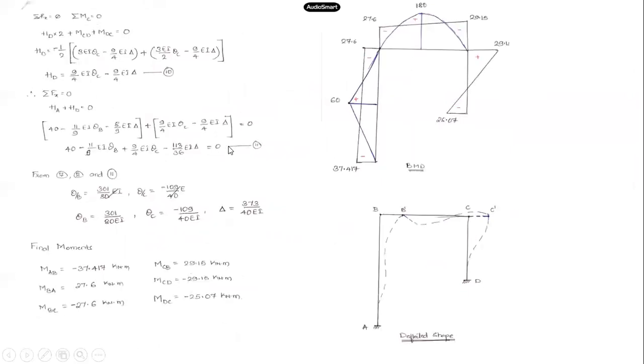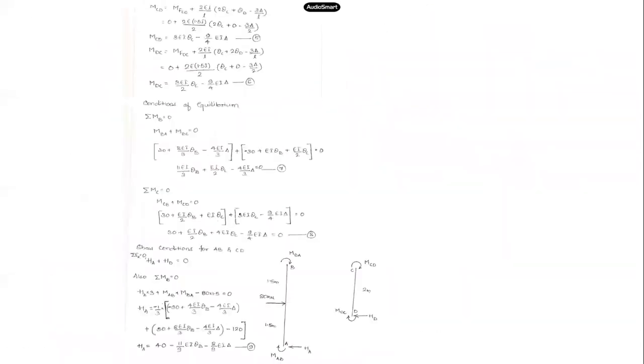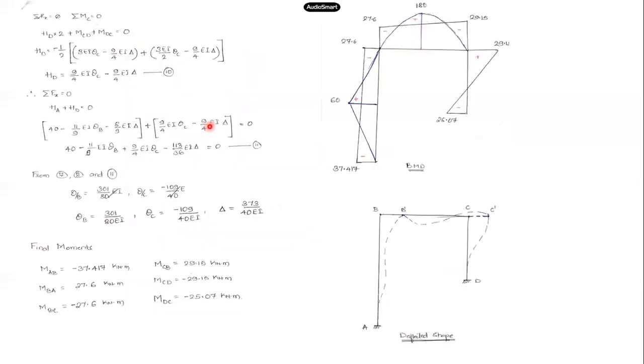Now what we are left with is 3 equations with 3 unknowns. Equations 7 and 8 were the 2 equations in terms of 3 unknowns from the conditions of equilibrium, and the shear condition is giving us one more equation in terms of the 3 unknowns.